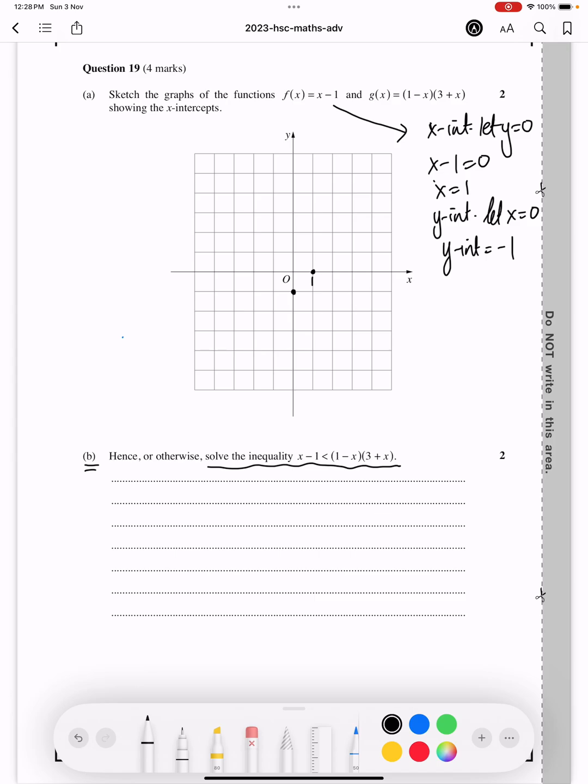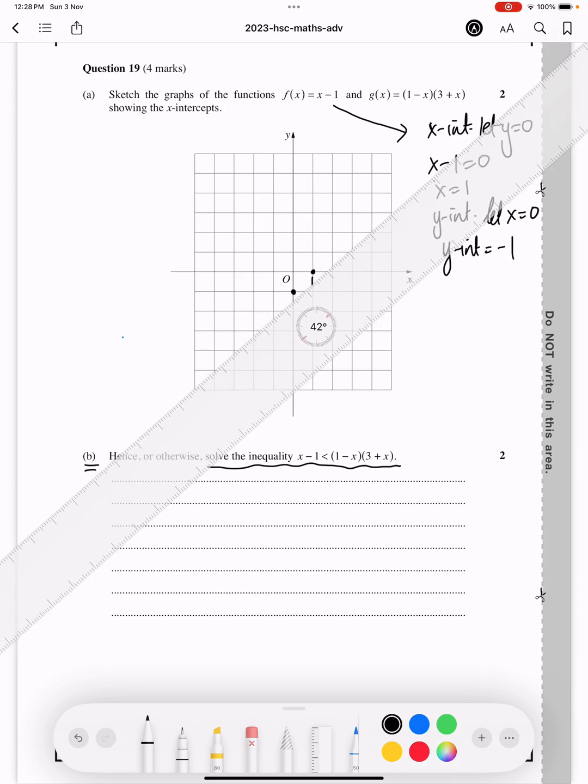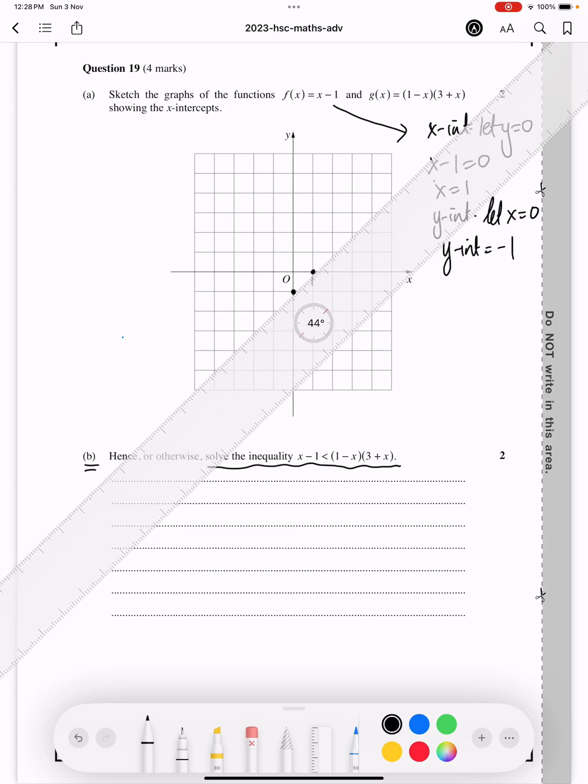And so now based on that, we can tell that our line is going to look like so.